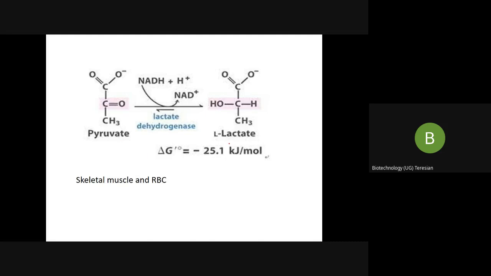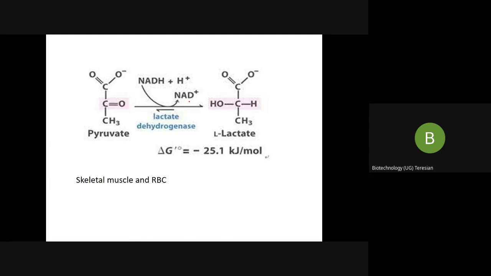This enzyme utilizes NADH plus H, and it gets converted to NAD.